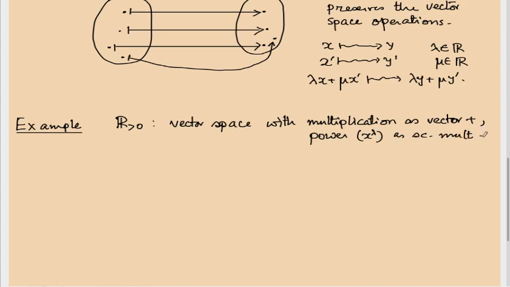Of those of you who submitted, most could show that this is a vector space and could see that it is nothing else but the laws of indices.